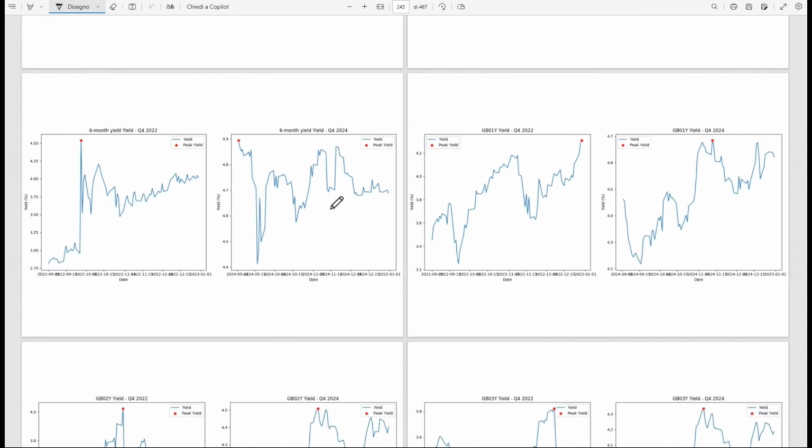Yeah, this is normal. This is how it works. So the peak of the 6 months was 4.5%, and then it stabilized at 4%. In Q4 2024 we start from a 4.9% peak, and we are at 4.7. So the average was 4%, now the average is 4.7.